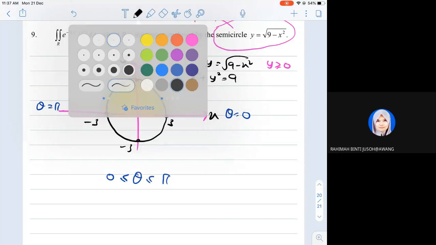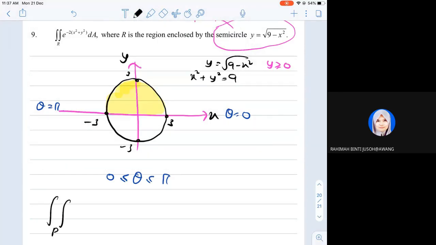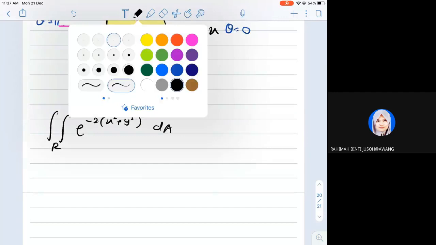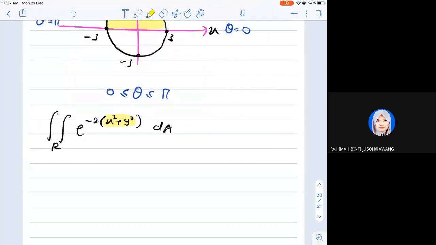Okay, so we will have region R exponent of negative 2x squared plus y squared dA. Okay, so we know already that this is equivalent to r squared. Okay, this is actually r squared.